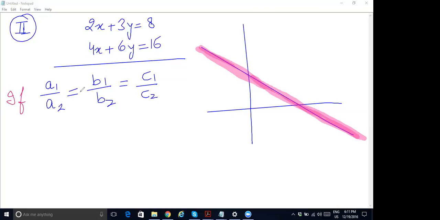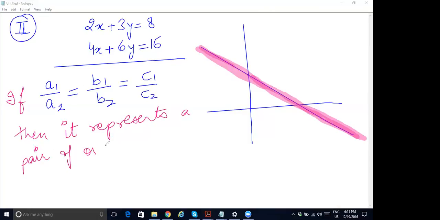If A1 upon A2 is equal to B1 upon B2 is equal to C1 upon C2, then it represents a pair of overlapping lines. But they will not ask what does this represent. The question is always solve for x and y.